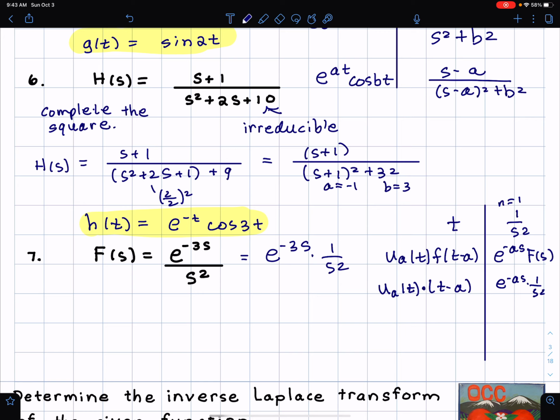And I put that in the table. So in this case, a is 3. So f of t is equal to u_3 of t times t minus 3 to the 1 power.